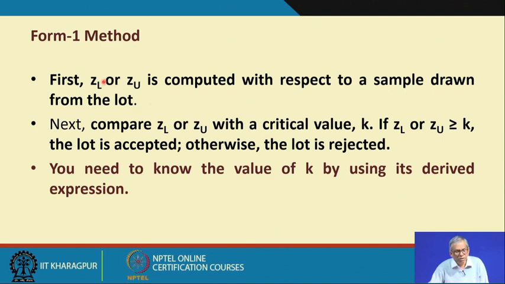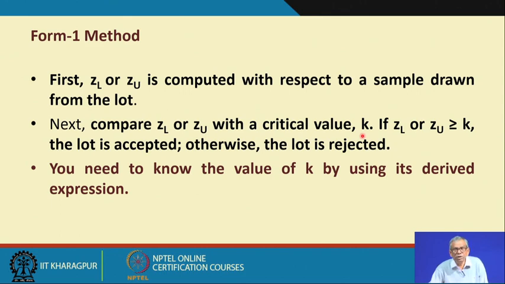As soon as you compute ZL, it is a single specification limit case, more specifically a lower specification limit case, whereas if you compute ZU, it is an upper specification limit case. The formulas are known to you. Next, compare ZL or ZU with a critical value k.